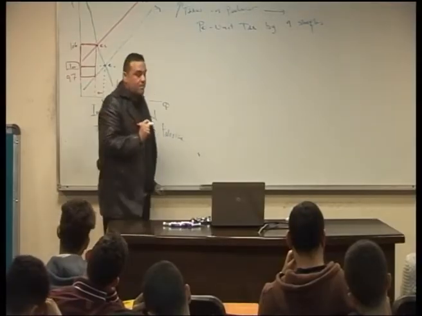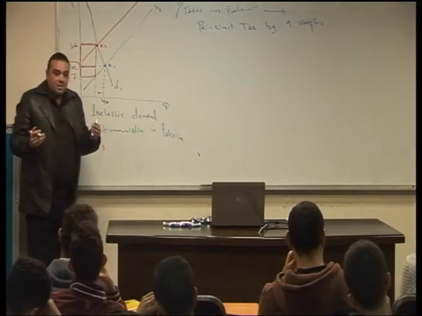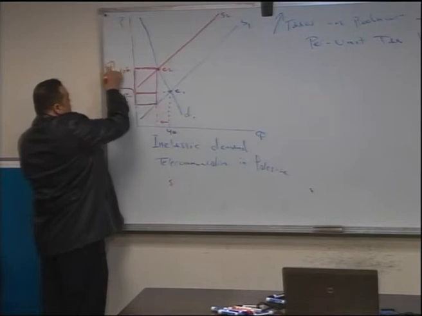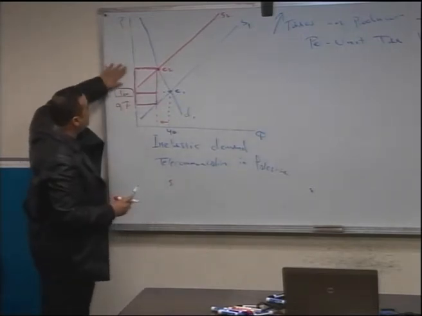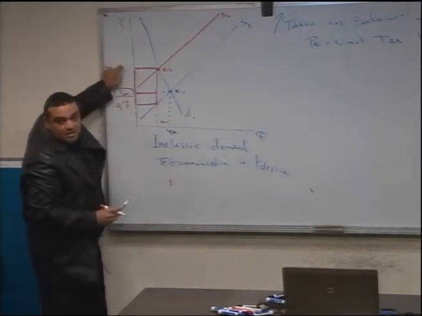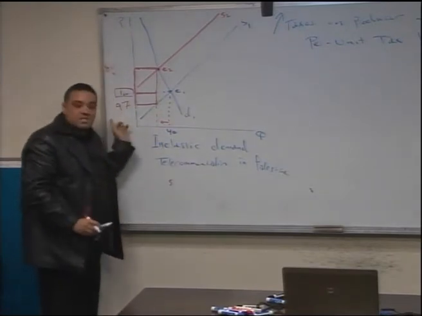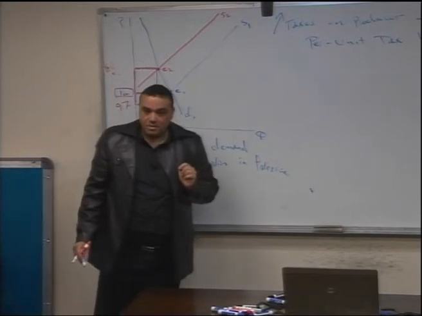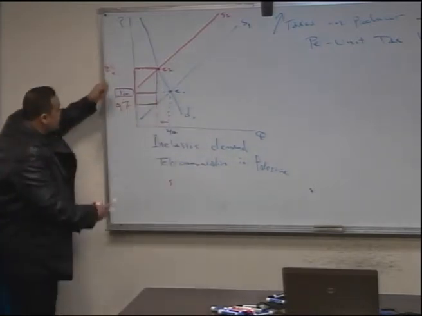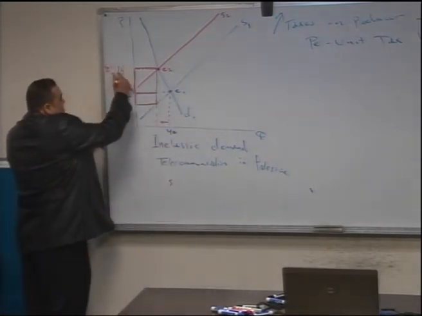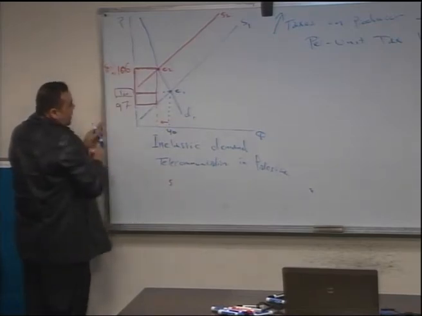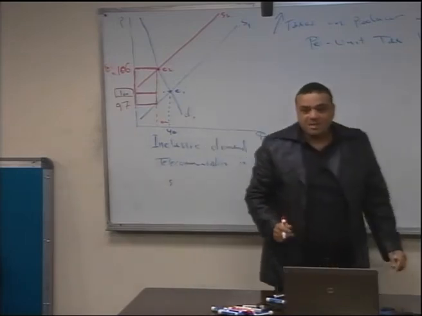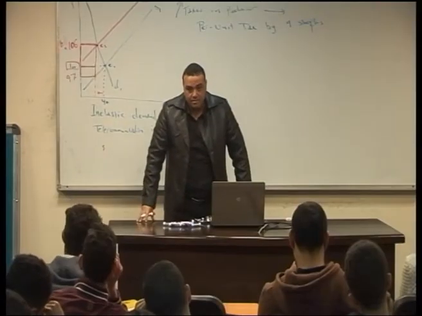This means that after the tax, the consumer pays 106. This is the price paid by the consumer, and this is the price received by the producer. Which means that the consumer pays 106 and the producer received only 97 shekels.